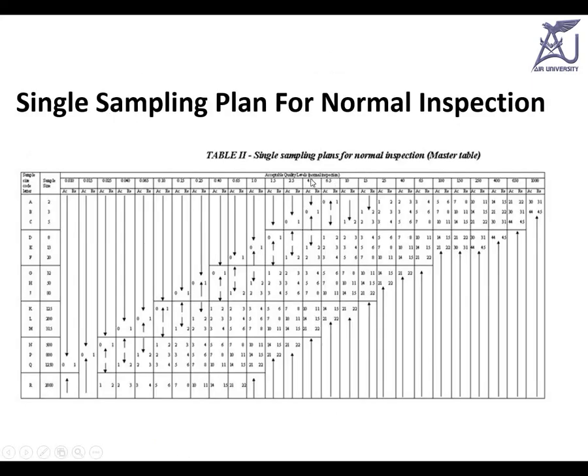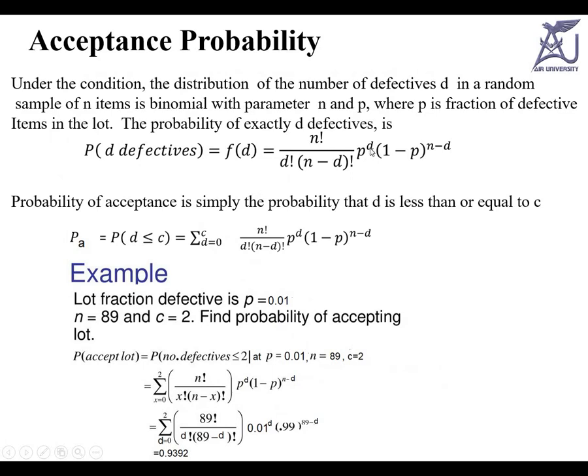As you look at this chart, on the top is the AQL, accepted quality level. So this P is given to you, and D is the defectives which you are observing. For example, in our case, if we have C equal to 2, that means we are looking for the probability of finding D equal to 2 or less, so we will start from 0 and go up to 2.